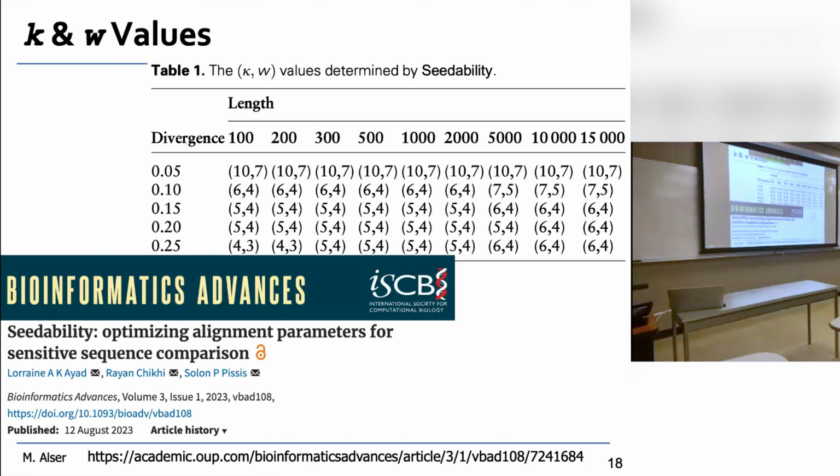Okay? So they had some suggestions based on the divergence. What is divergence? It is the similarity between the two sequences that you are studying. If you are studying a human to human, you consider the differences to be very minimal.